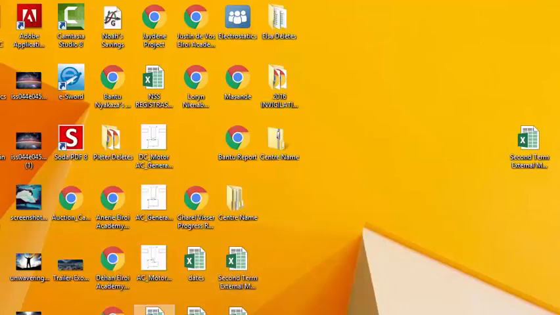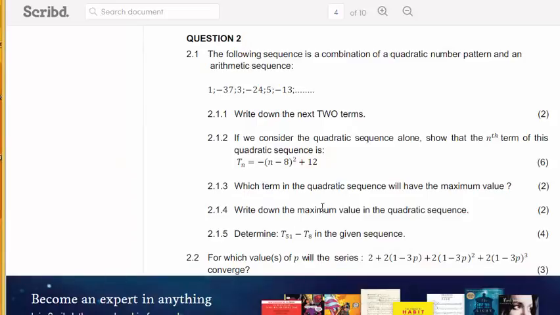So term 8 is not 12 in the given sequence. In the given sequence, term 8 is 1, 2, 3, 4, 5, 6, 7, 8. It's the 8th term in this sequence, and we already did that. That was minus 4.